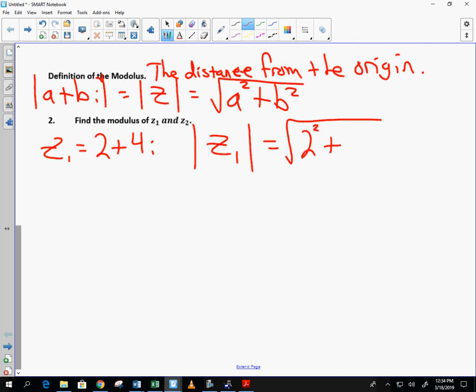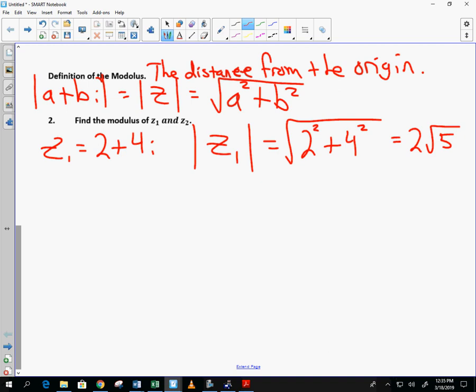Square root of 2 squared plus 4 squared. Well, what's 2 squared? 4. 4 squared is 16. 4 plus 16, 20, and square root of 20, 2 roots of 5. So the absolute value of 2 plus 4i is 2 roots of 5. That's how we define that.